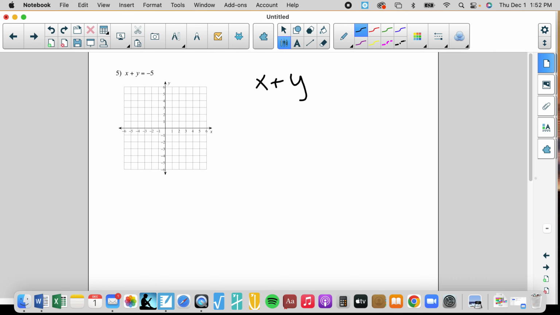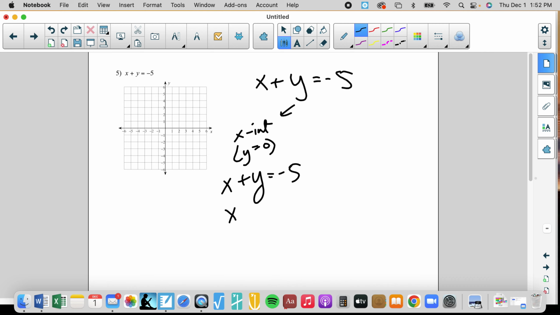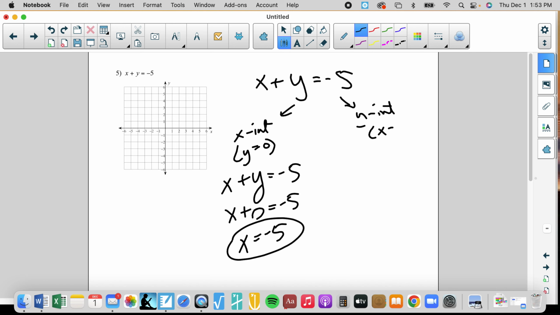X plus y equals -5. X-intercept, y equals 0. X plus y equals -5. 0 in for y. We get x equals -5. Y-intercept, x equals 0.